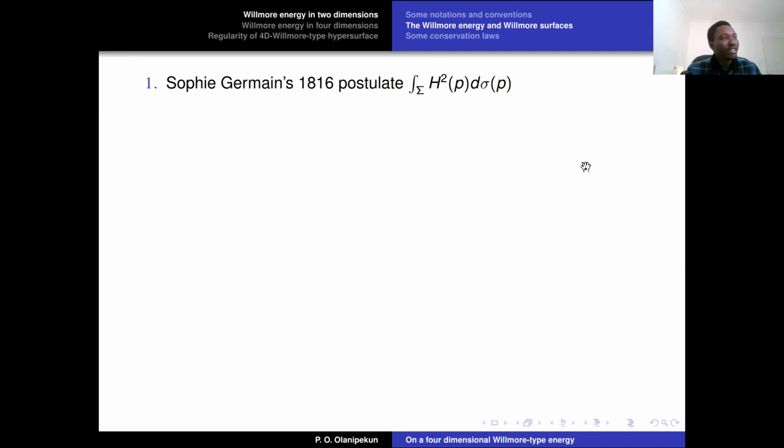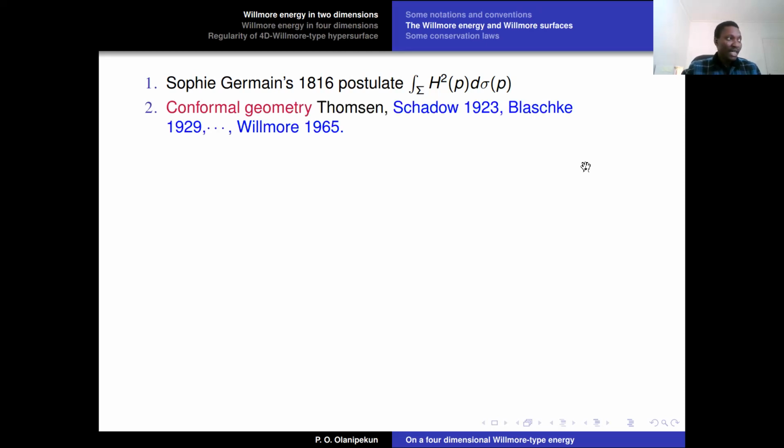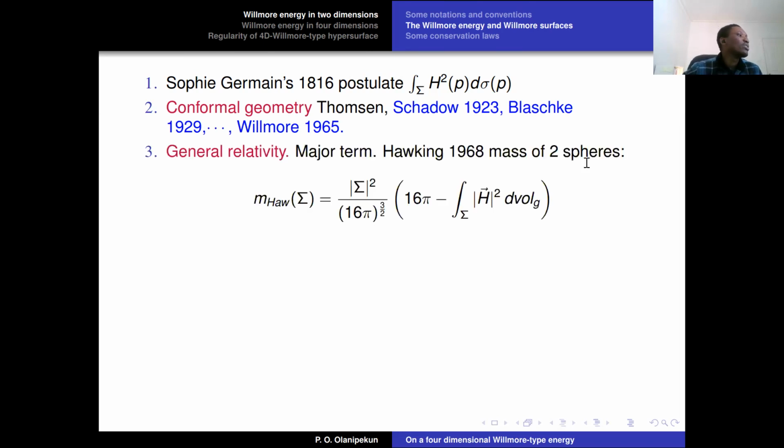It was studied by Sophie Germain, and that was used in explaining a particular phenomenon called the Chladni figures. Also, this energy finds useful application in conformal geometry. When you look at the works of Thomsen, Schadow, Blaschke, and Willmore himself, they use this quantity called the Willmore energy in giving meaning to some geometric quantities.